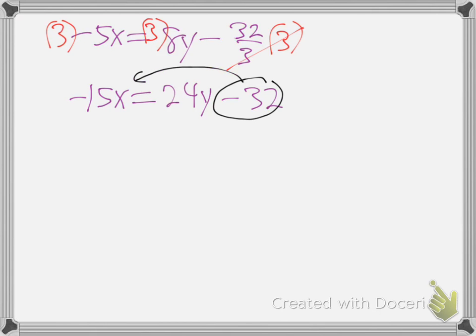What will it become? Positive, right? It's the same thing as adding 32. I'm just doing a shortcut. If you added 32 to both sides, that would have the same result. It'd put a plus 32 on the other side, wouldn't it? See how it's the same thing? I thought you guys were ready for the shortcut tonight. Equals 24y. I've been holding out that shortcut on you for a while.